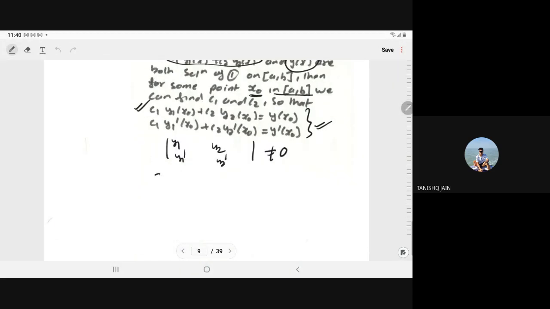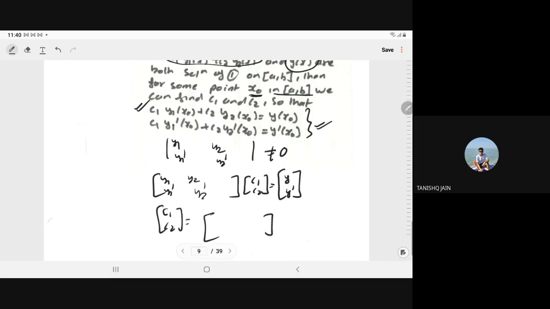If we have this equation, we can write in the matrix form like this: y1, y2, y1 dash, y2 dash times c1, c2 is equal to y and y dash. So c1, c2 can be written as the inverse of this matrix times y, y dash.